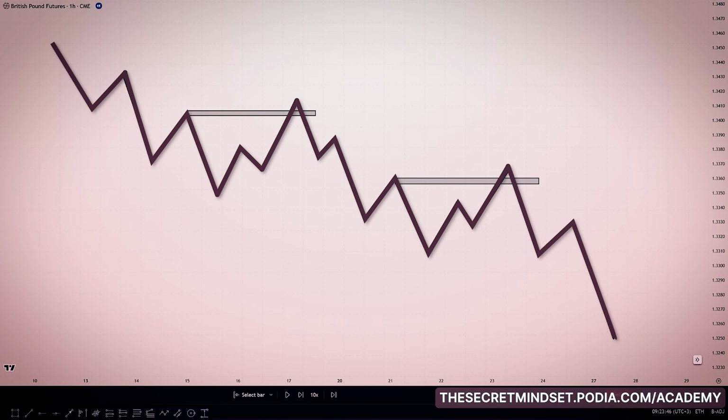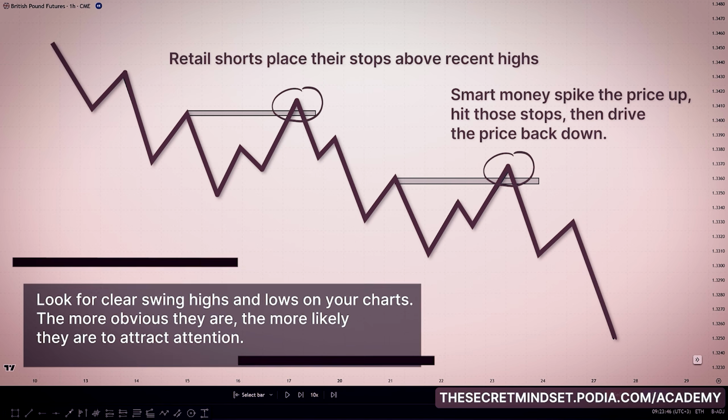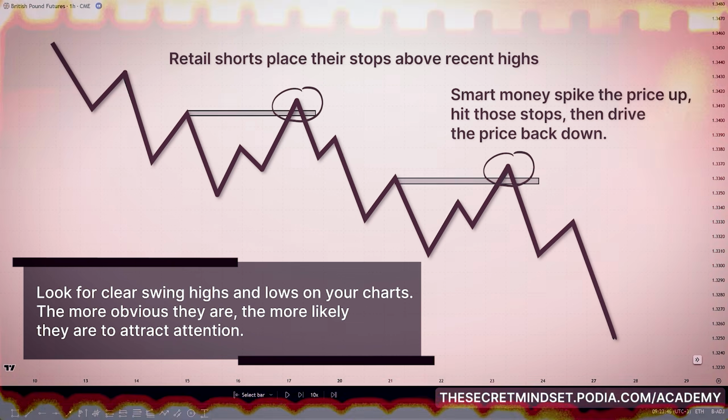The same happens in downtrends. Retail shorts place their stops above recent highs. Smart money spikes the price up, hits those stops, then drives the price back down. To spot these zones, look for clear swing highs and lows. The more obvious they are, the more likely they are to attract attention.